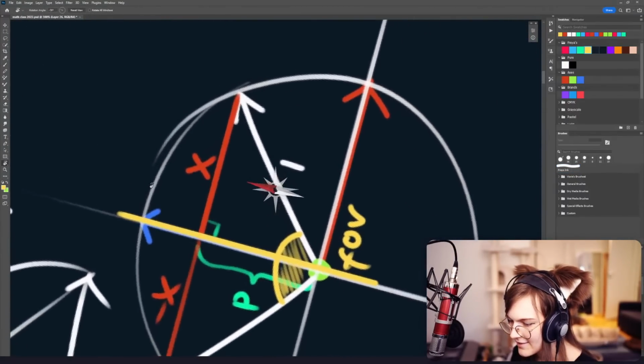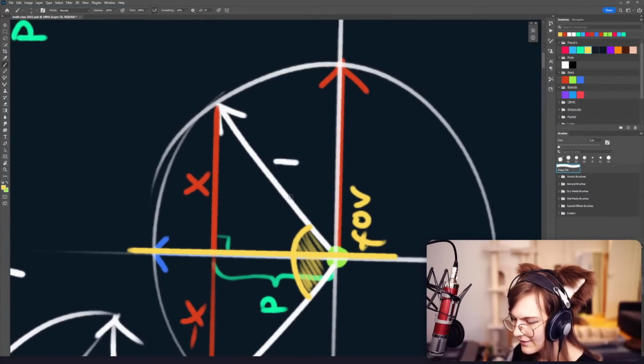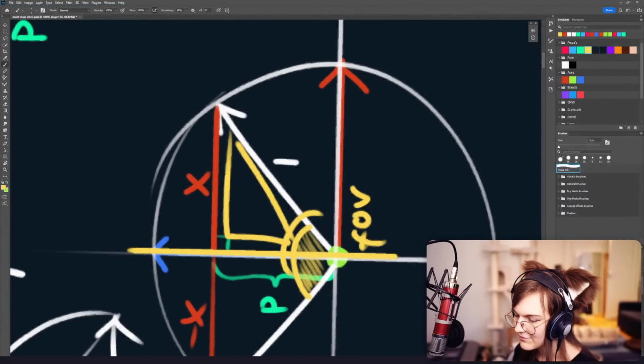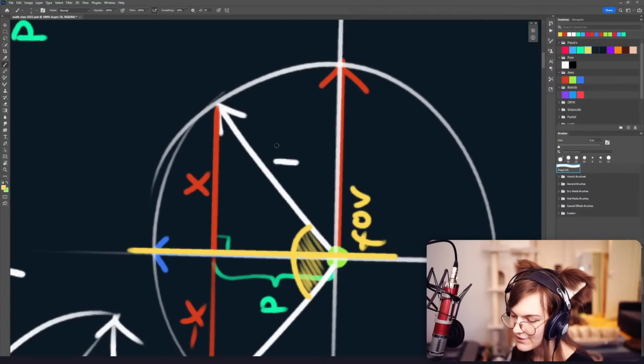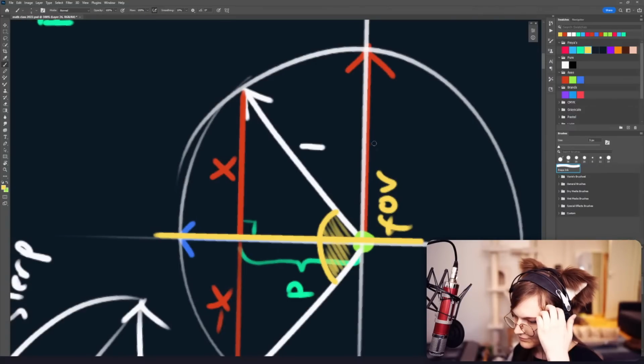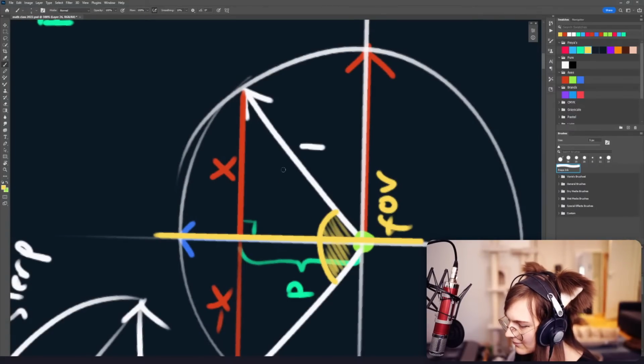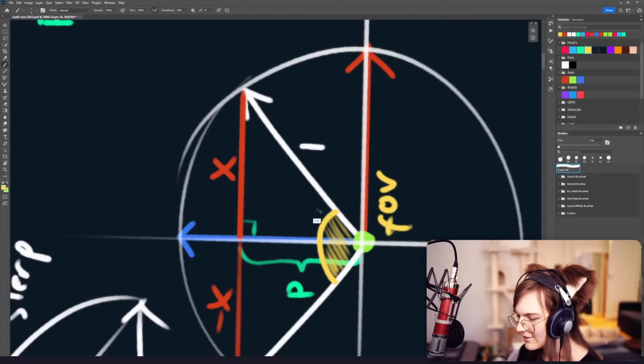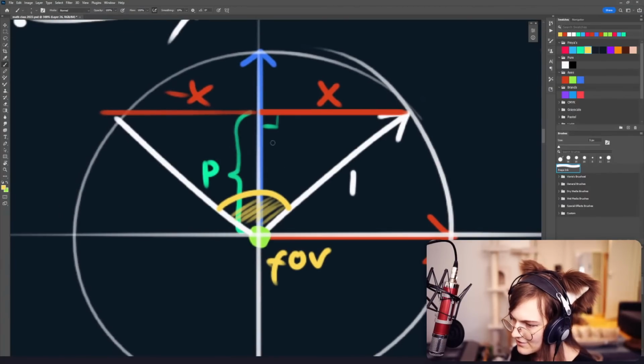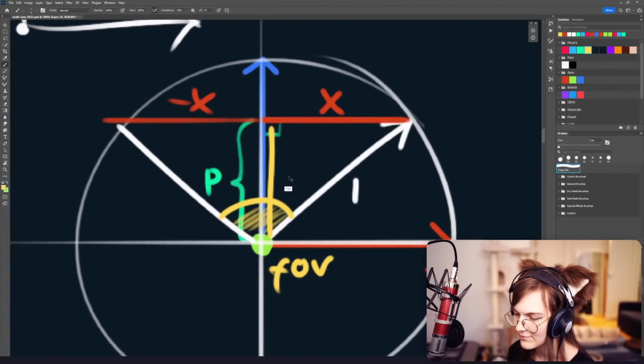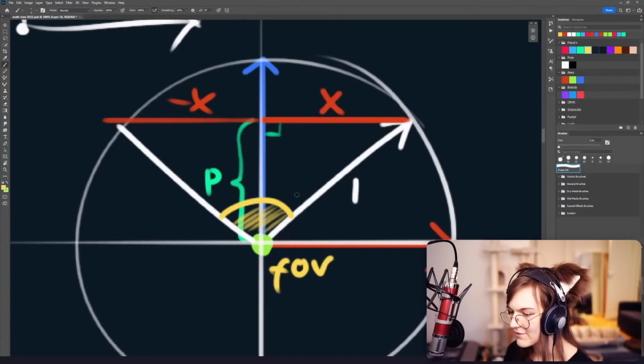As you can see, we're forming a triangle here. So again, we have a right angle triangle, we have half the field of view, and then we can use trig functions to get this projected value. I believe all we need to do is the cosine of that half angle to get the length of this one, which was our old value p.